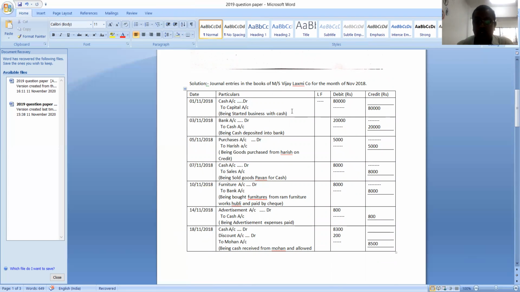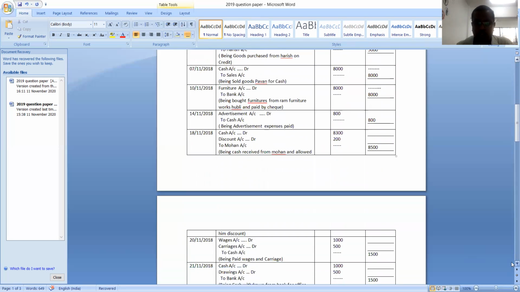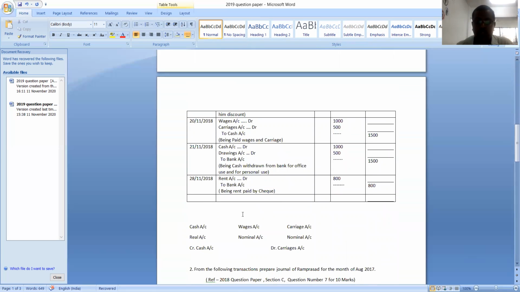In the credit column we should write the amount parallel to the name of the account credited. And in the particulars column, in the first line we should write the name of the account debited. In the second line we should write the name of the account credited. And in the third line we should write the narration, and narration must be written in brackets, and it begins with being. Understood? Okay.